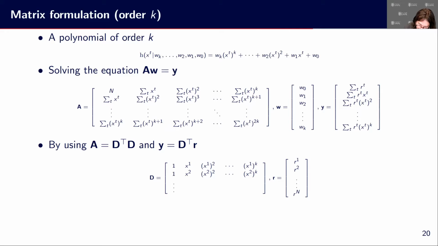We can also have the Y described as D transpose R. So this is even simpler to implement. And now we can solve it that way. W is equal to D transpose D inverted, so we are inverting D transpose D, times D transpose R. This gives us the parameters W to use in our polynomial of order K.